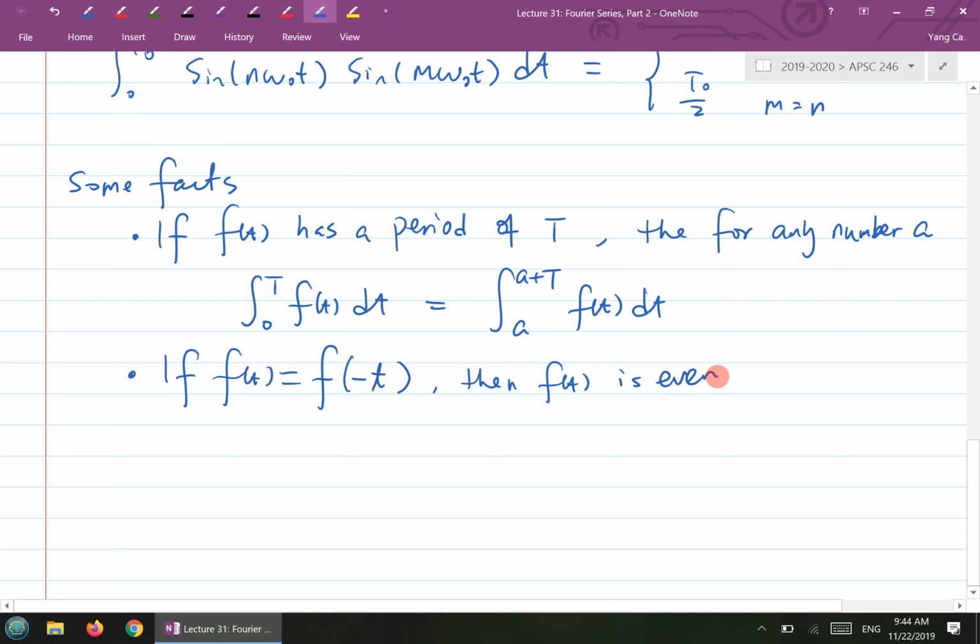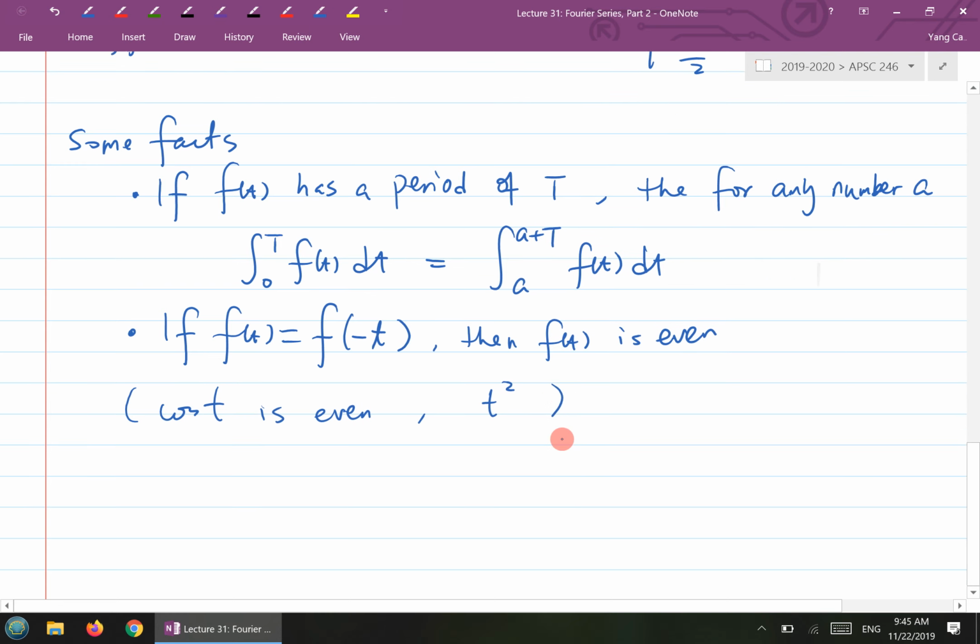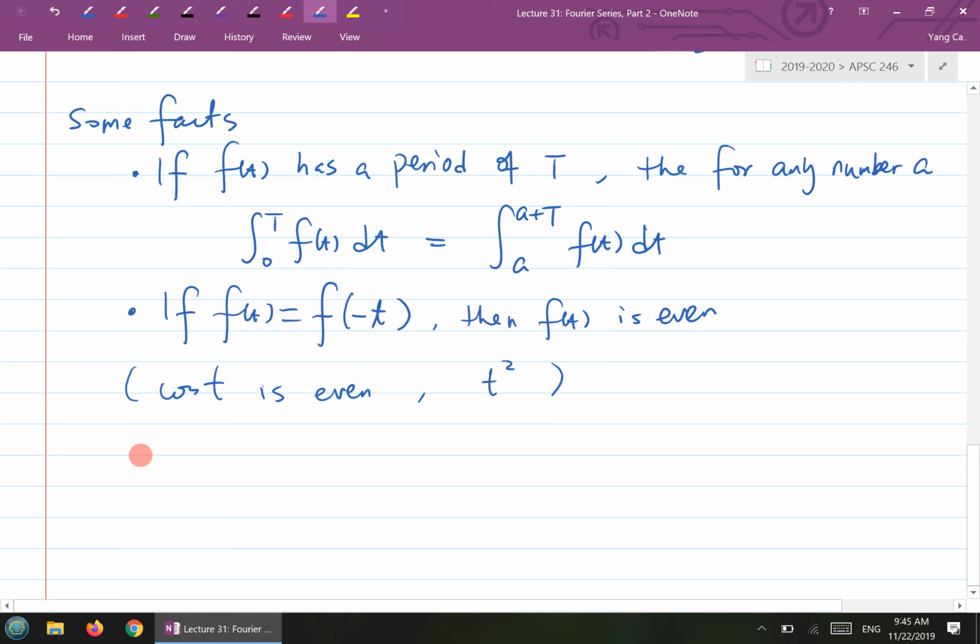Even basically means it's symmetric about the vertical axis, the y-axis. For example, cosine t is even. There are a lot of even functions, like t squared. T squared is an even function. So that's the concept of even.